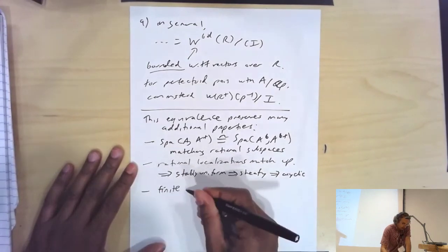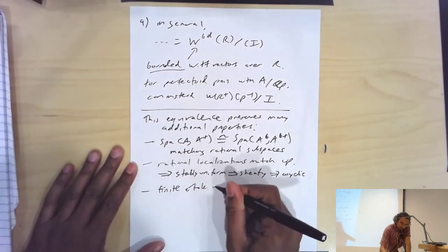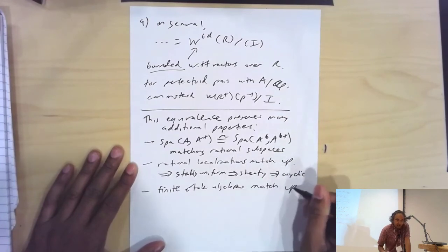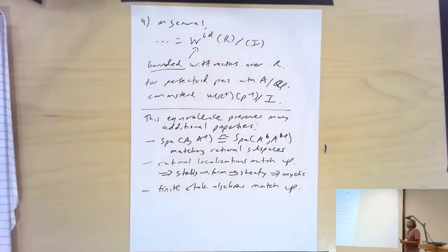And likewise, you have an analog of the compatibility with finite extensions that Jared talked about for perfectoid fields: the categories of finite étale algebras over A and A flat match up. This statement doesn't really use the plus.